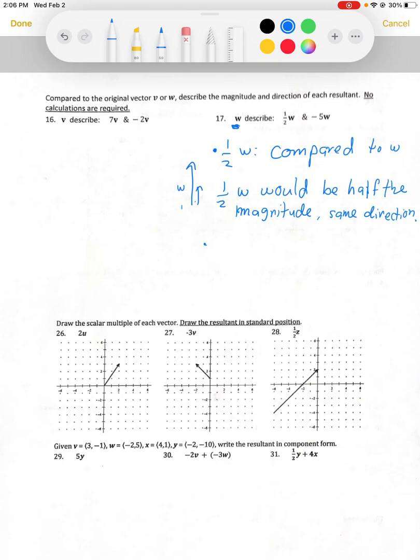Let's go ahead and talk about negative 5w. So if this is w, negative 5w would go the exact opposite direction, but be 5 times as long. I know that line isn't actually 5 times as long as the line I just drew, but for emphasis point, I think it demonstrates what we needed to show.